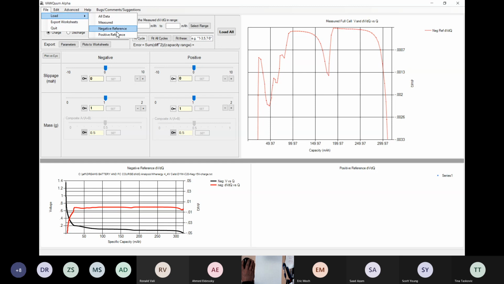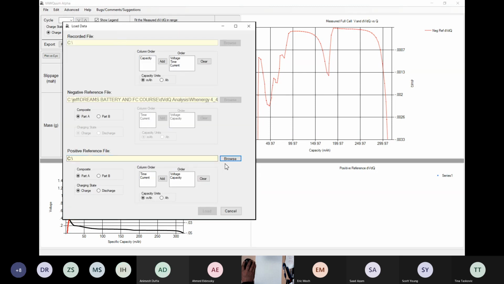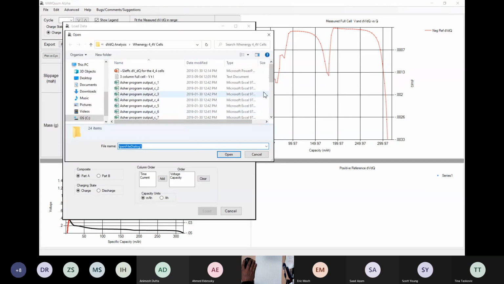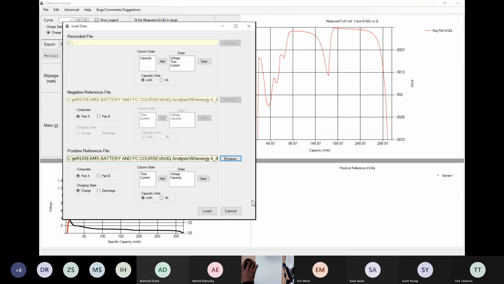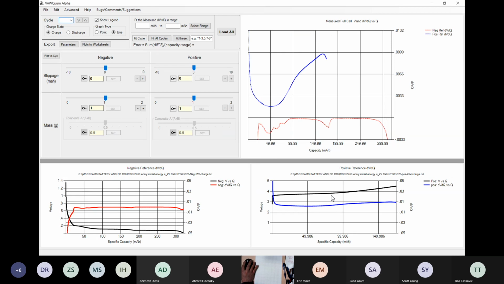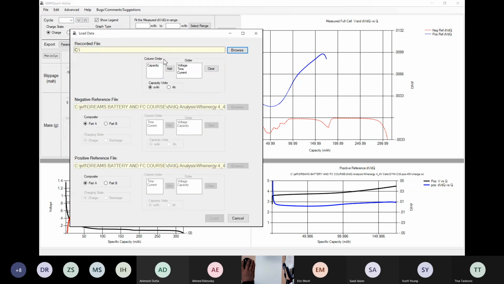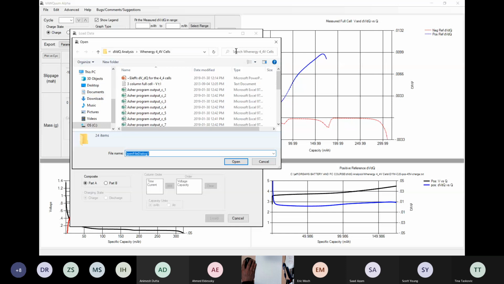Okay, so then we load the positive reference data, and we find the positive. So we're going to take this on charge also. And we load that. There it is. And now we have to load the cycling data. So the measured data we load, it's up at the top.